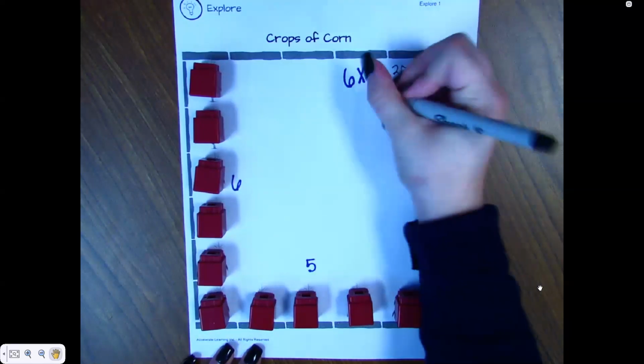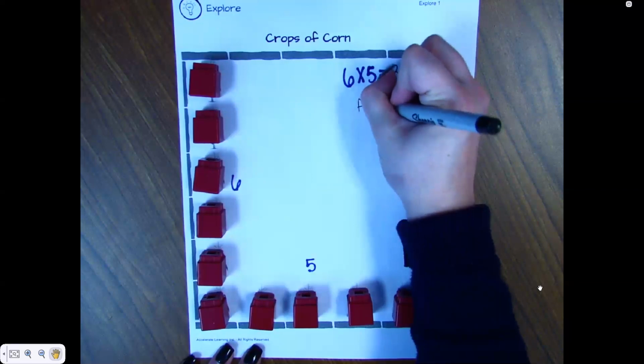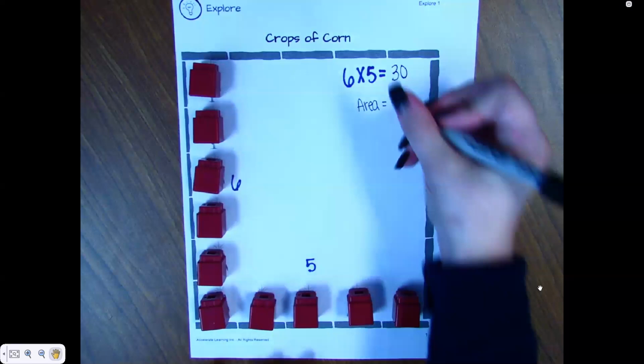So what would the area of my pasture be? Katya, what would the area be? 30. 30 what? Squares. Square units.